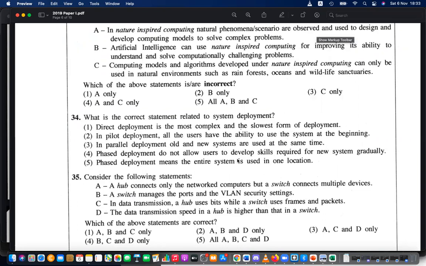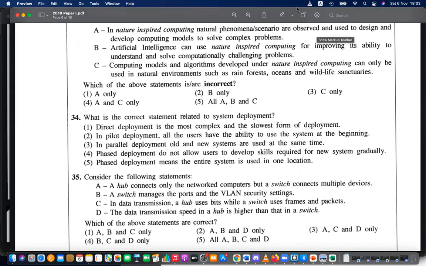Cannot tell like that also. Phased deployment means the entire system is used in one location first. So the correct one is parallel deployment, where old and new systems are used at the same time. So that is the answer for 34.